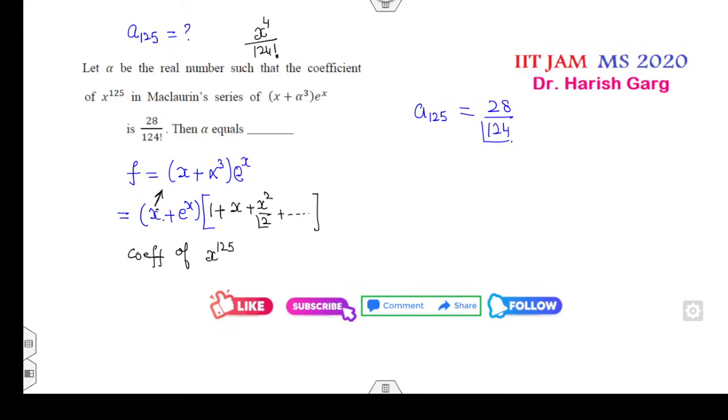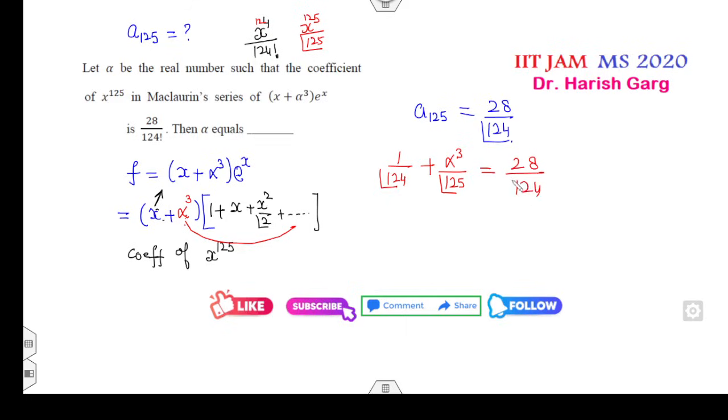So the coefficient will be 1 over 124 factorial plus, e is multiplied by alpha cube. If it is alpha cube, that's a constant number. So if you multiply this quantity, somewhere x raised to power 125 over 125 factorial will come. That will be alpha cube over 125 factorial.